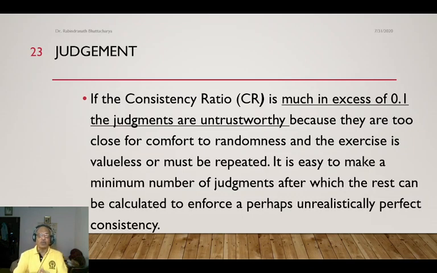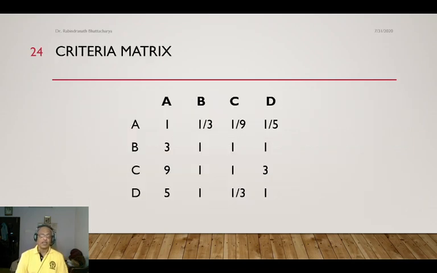So perfect consistency must be there, and how we check it is by the consistency ratio, which should be less than 10%. If the consistency ratio is much in excess of 0.1, the judgments are untrustworthy.